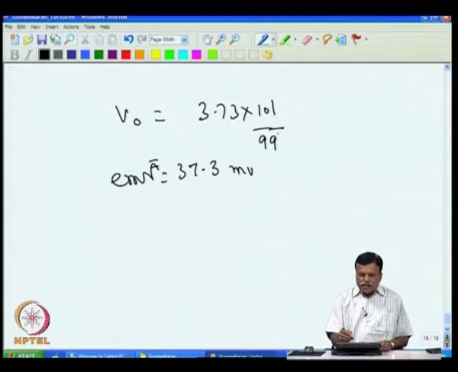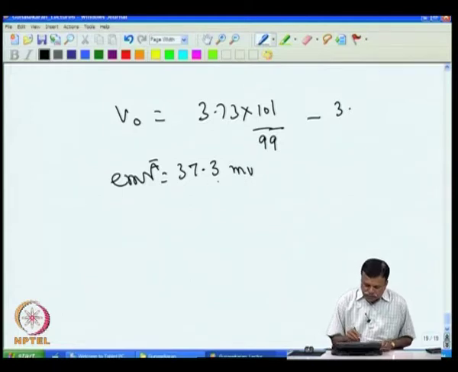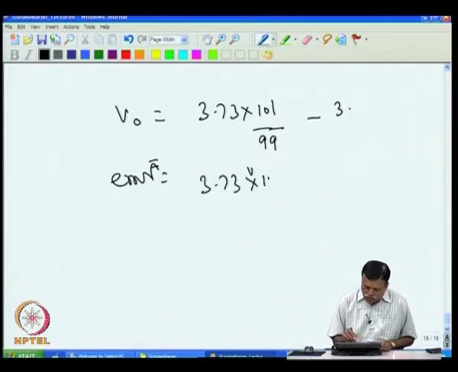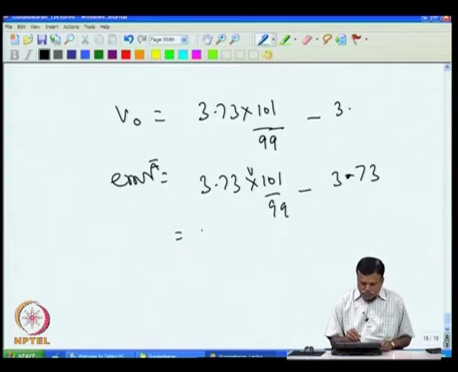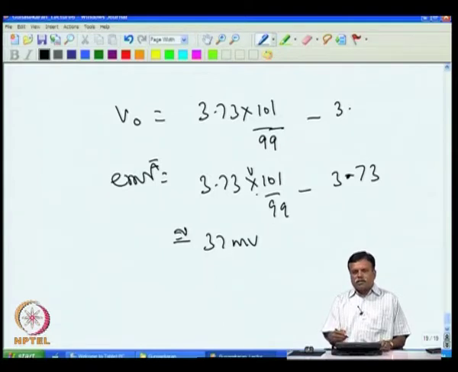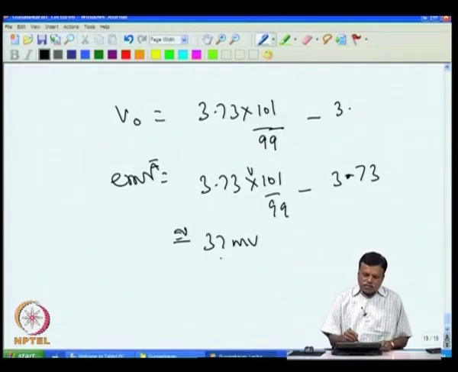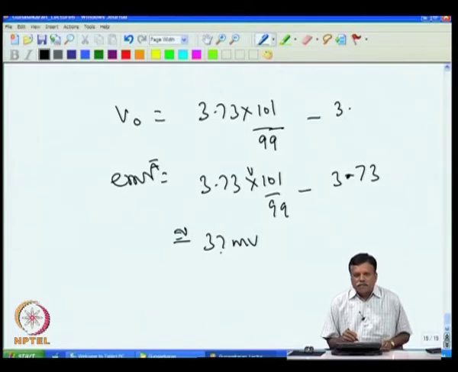You calculate and see the difference, because we have to calculate 3.73 into 101 divided by 99 minus 3.73, which may come around 37 millivolt. You calculate exactly, I am not doing the calculations here. Now, this corresponds to 3.7 degree error, which is quite large. That means resistance drift produces a large error at the output.